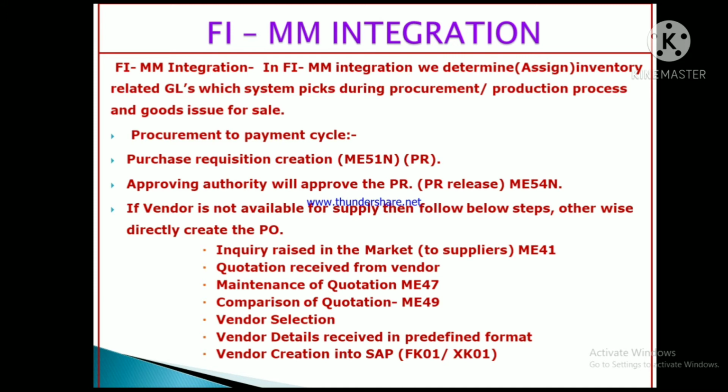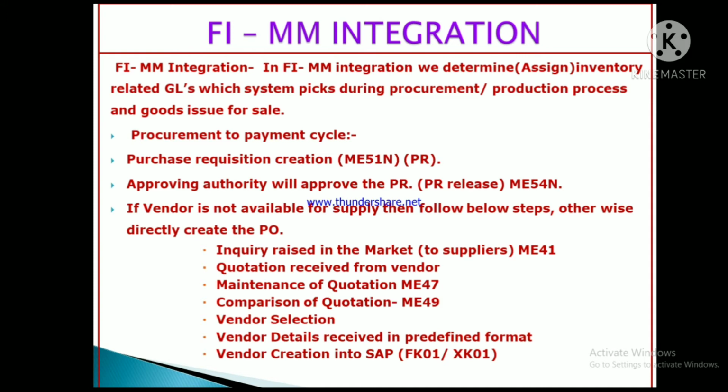After comparison of quotation, we will select the vendor, and vendor details are received in a predefined format, and then we will create the vendor in SAP by the T code FK01 or XK01. The difference between FK01 and XK01 I already explained at the time of vendor creation, so I am not going into that.